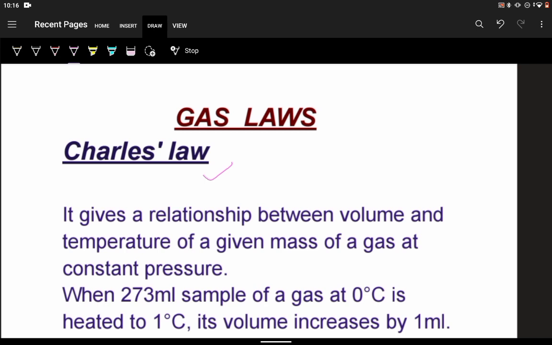Conversely, whenever there is a decrease in temperature, there will be a decrease in volume of the gas. So we can sum up that Charles' law gives a relationship between volume and temperature of a given mass of a gas at constant pressure. The pressure has to remain constant.